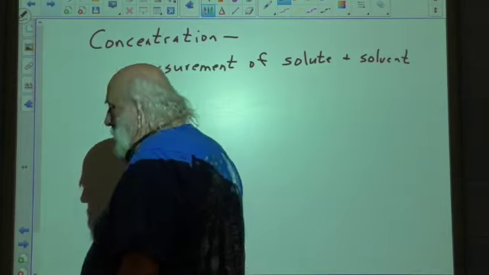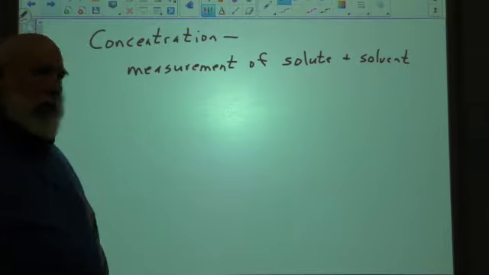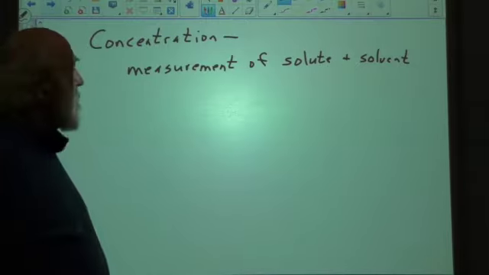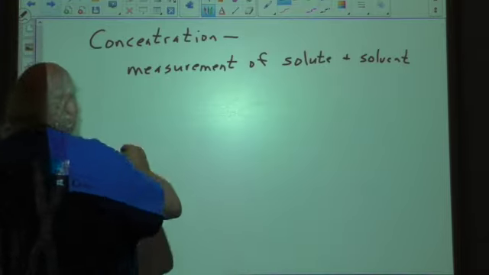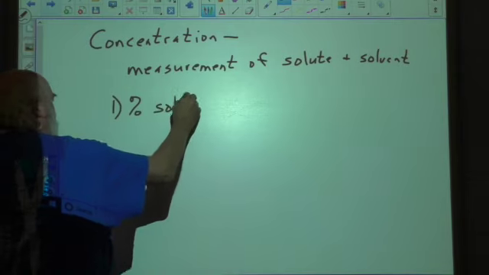Now, there's a number of ways that we can do that, but we're only going to study 2 in Chem 1. You take Chem 2, you study 4. But the one that we're studying today is called percent solute. We're about to discuss what that means.